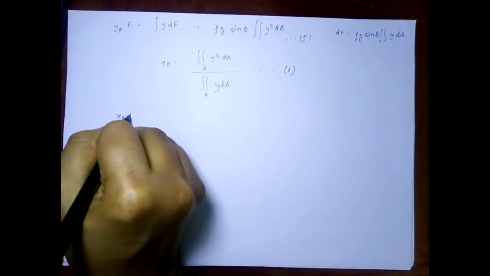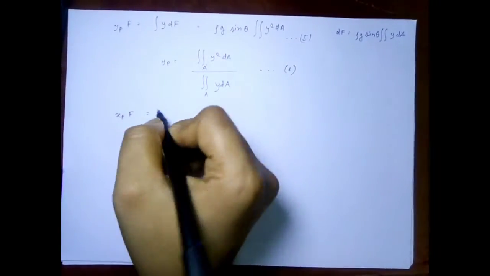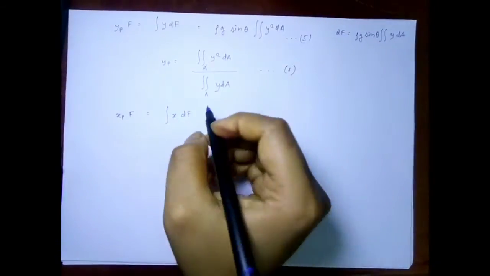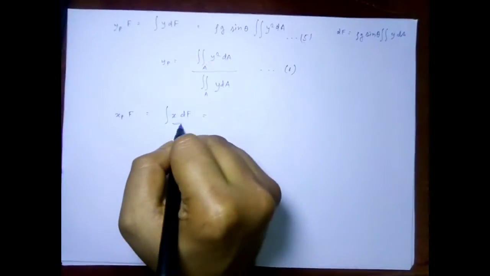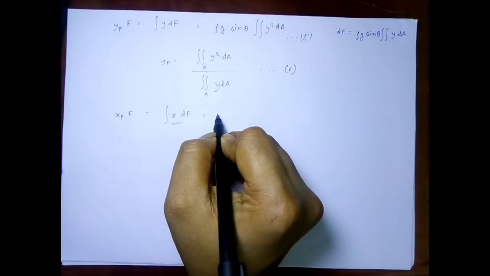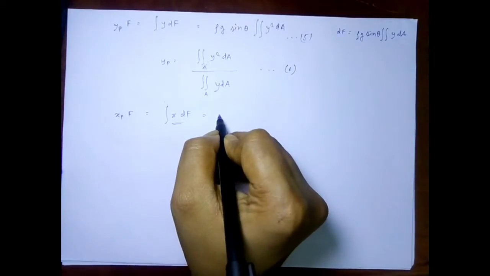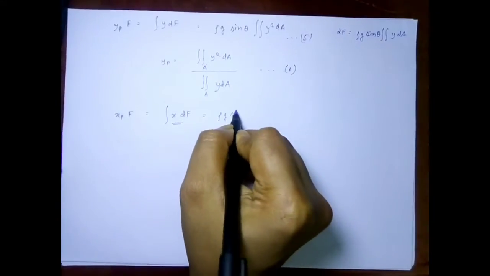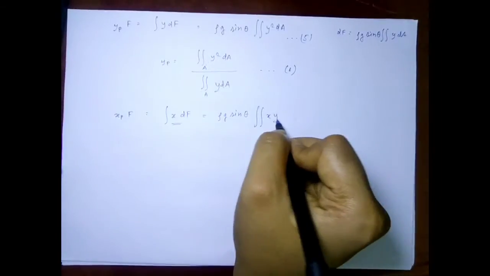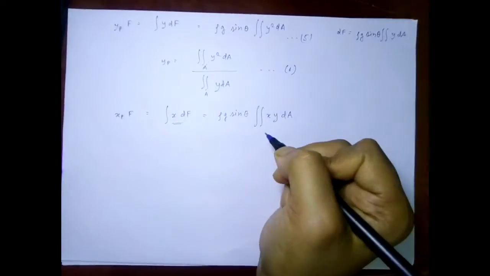So xp F will be the integral of x dF if we consider the unit small area, and it will be further equal to rho g sin theta double integral of xy dA.